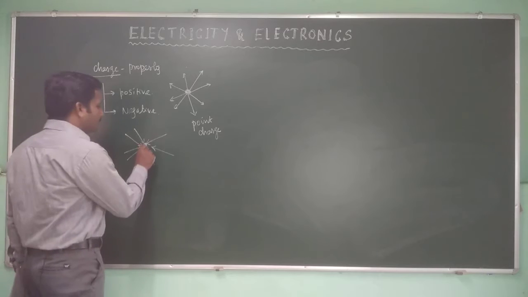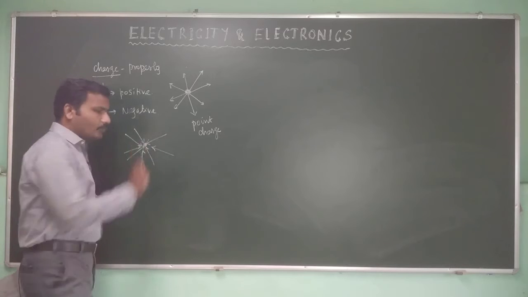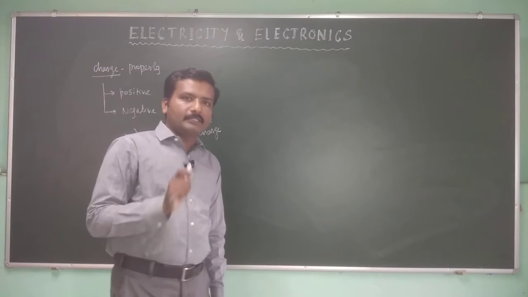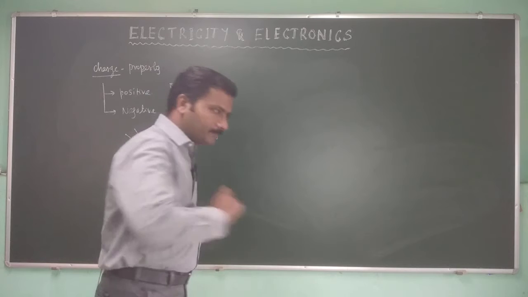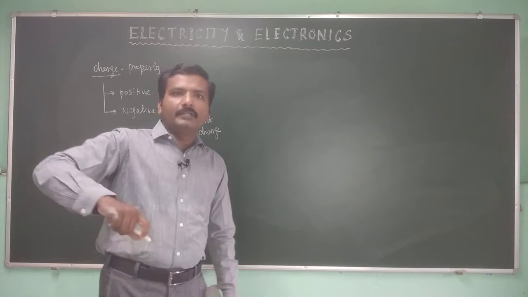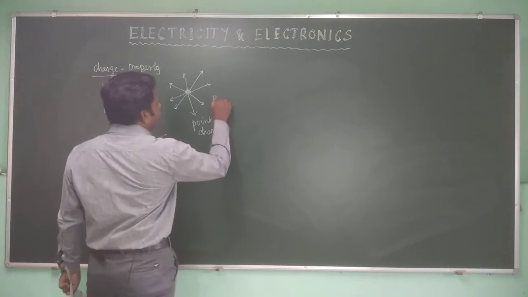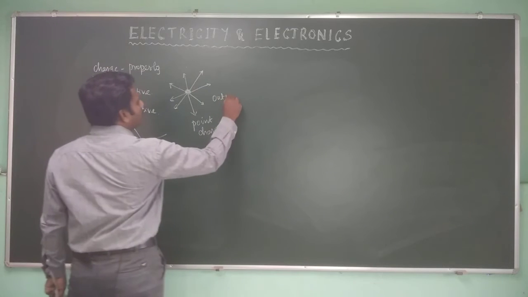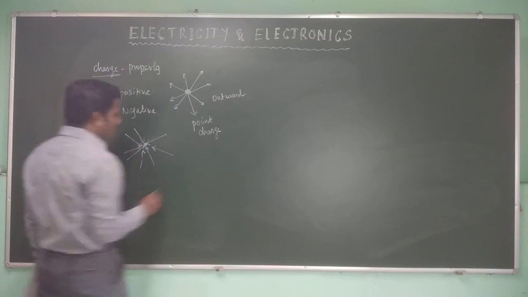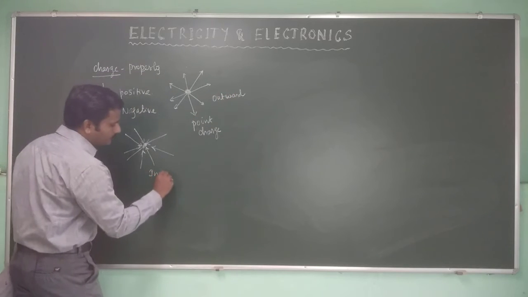So this is the reason. Charge always exerts force, and these force lines go outward when it is a positive charge and inward when it is a negative charge. Here the lines are outward, here the lines are inward.